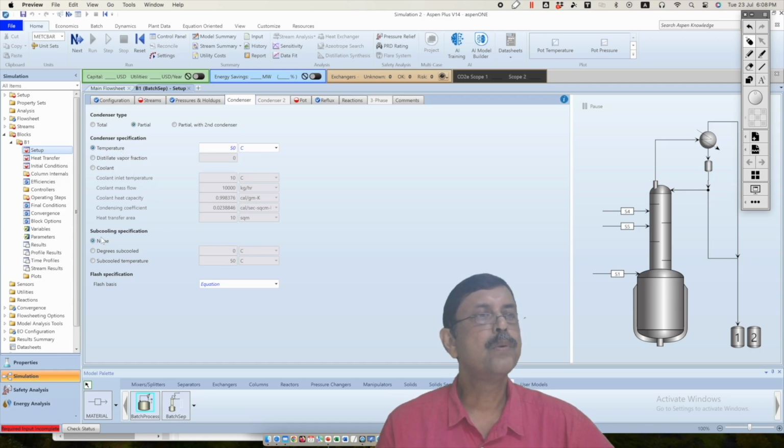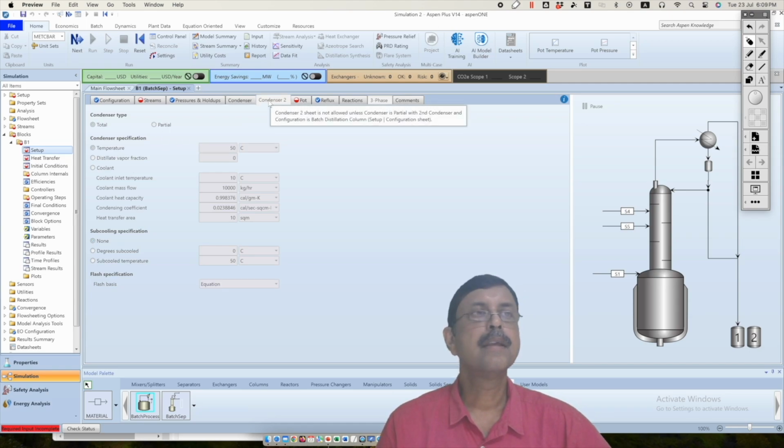Or else you have to specify the subcooling specification, that is degrees of subcooling or subcooled temperature. So based on that, the condenser calculation can be done. If you have a second condenser, then all the information regarding the second condenser also may be given over here.